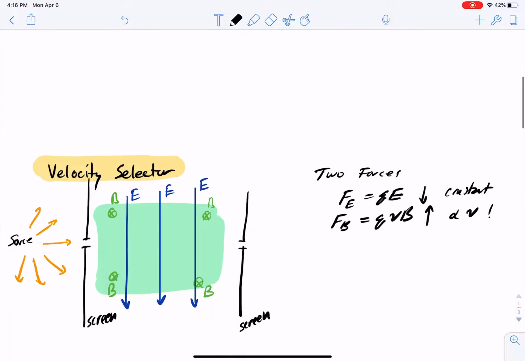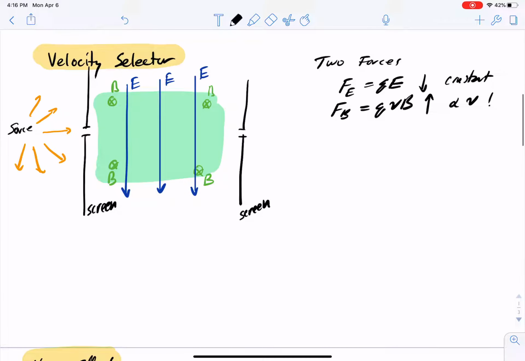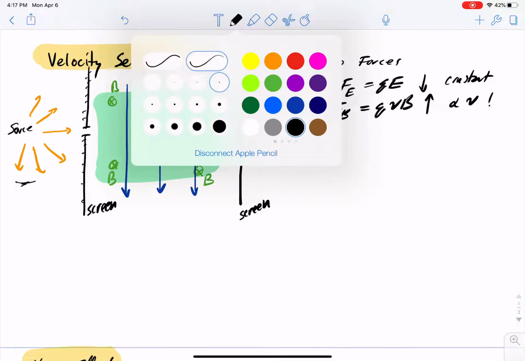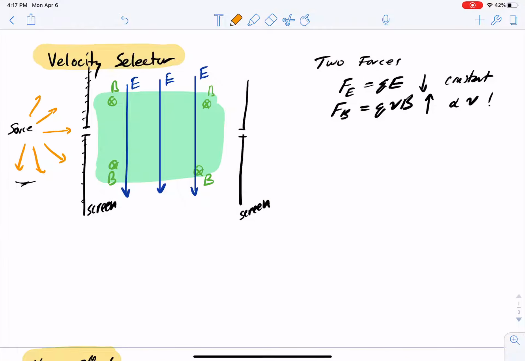So let's consider this situation here. So you have a source of charged particles over here just kind of flying out in all directions. And then you put a screen up so that you block almost all of them. So the only ones that get through are the ones going straight horizontal like this.